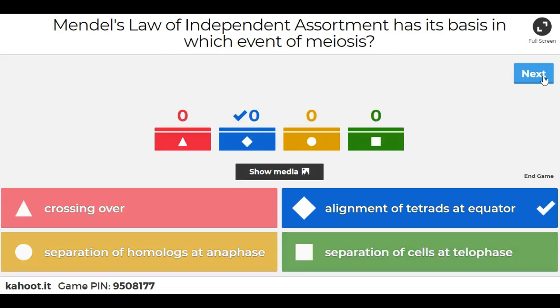So this would be shown during metaphase 1 of meiosis when those tetrads align at the equator. This is saying that different genes will be independently assorted from each other.